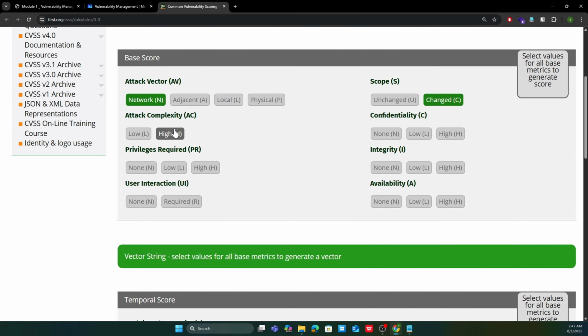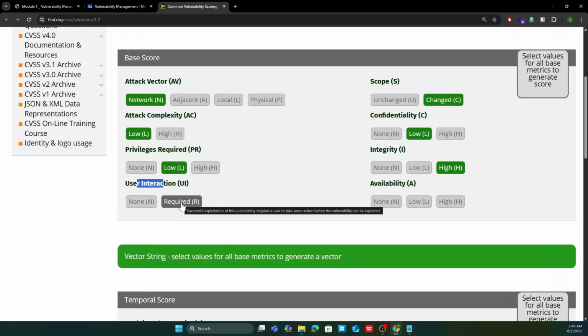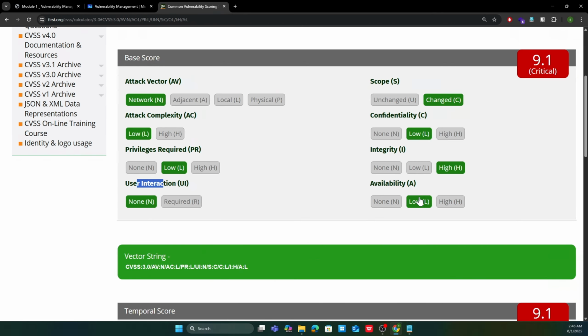Attack complexity is how hard it is for the attacker to do this particular attack, low or high. Confidentiality is low. Privileges required? No. Without privileges they can also do it, then it is something dangerous. Integrity, high. User interaction, if required, maybe the user has to click something, or without user interaction, like a worm can be injected, it's none. Availability is low. It becomes a score of 9.1, critical.